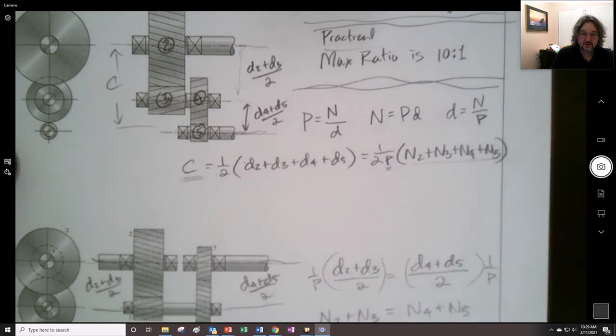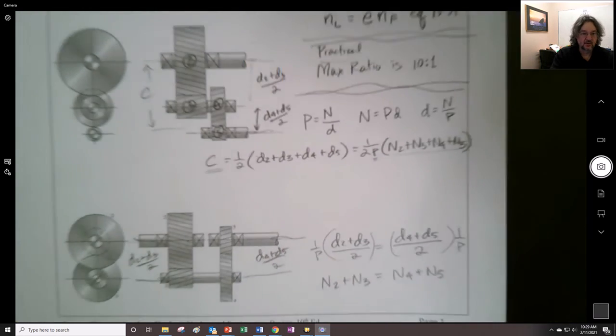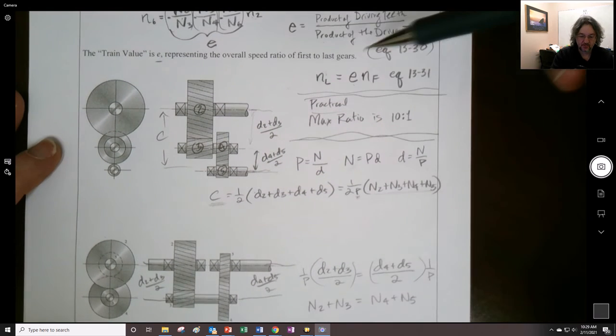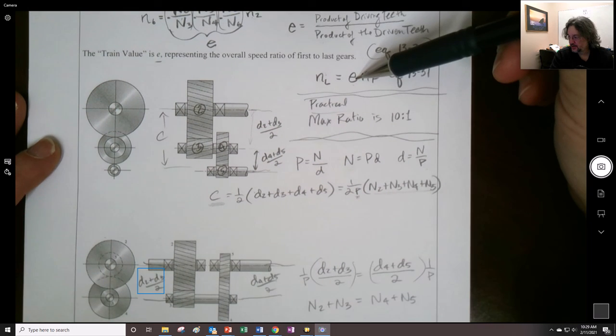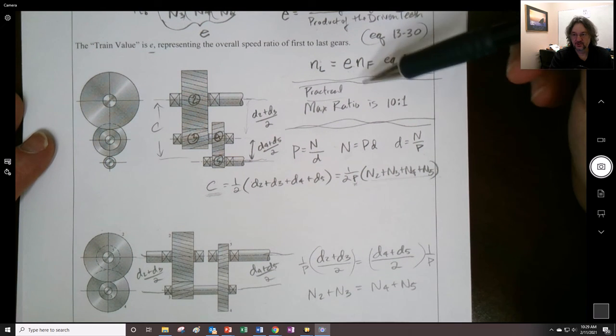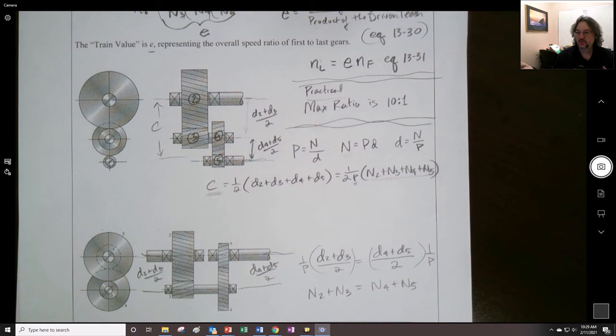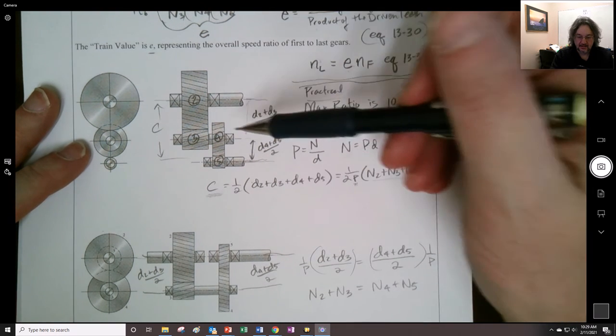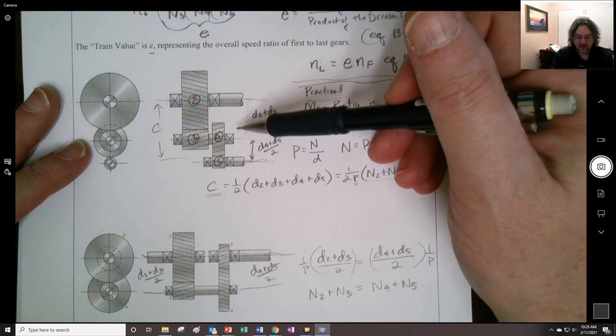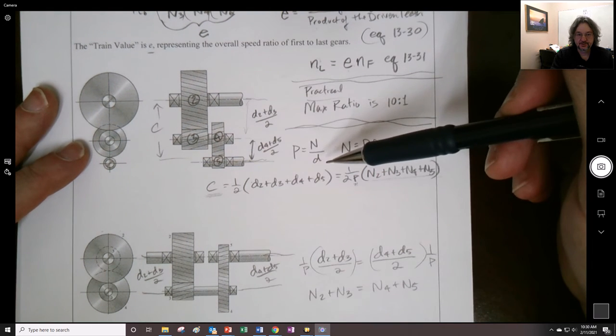So here's a number of constraints, right? We have some problem that we're trying to deal with, and we have a gear ratio that we need to achieve in order to get the desired output speed, or in some cases the desired output torque. And we're left also with these physical constraints.